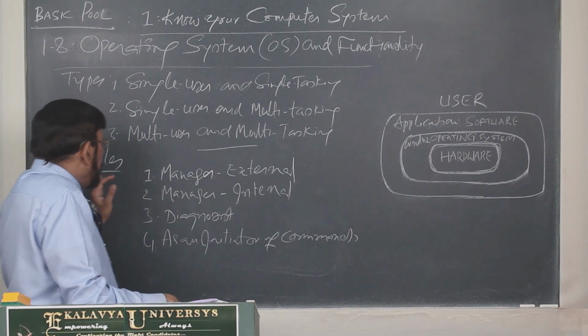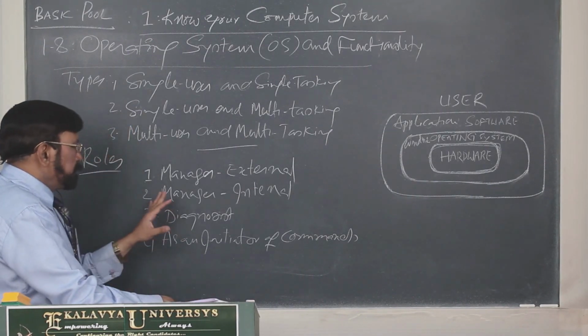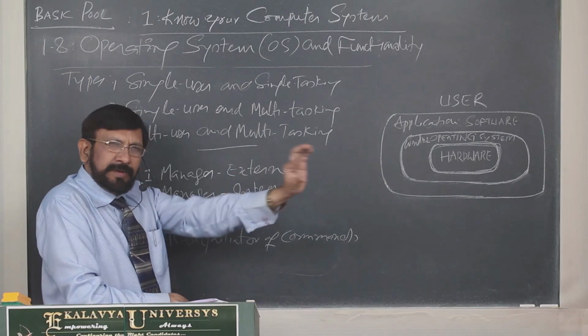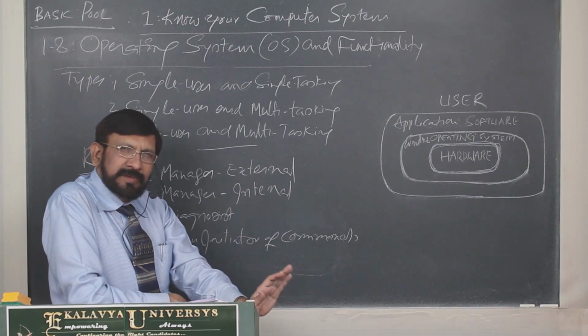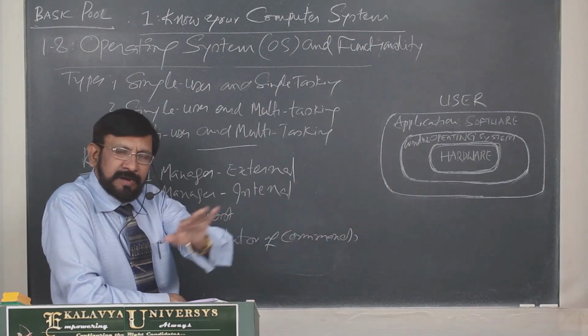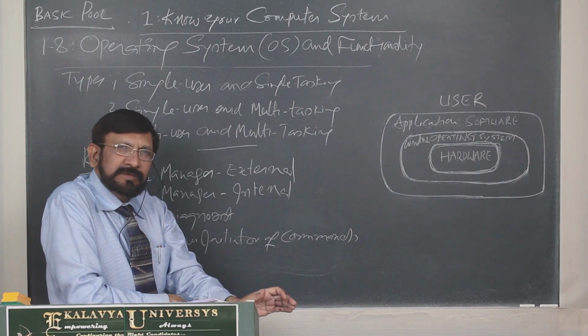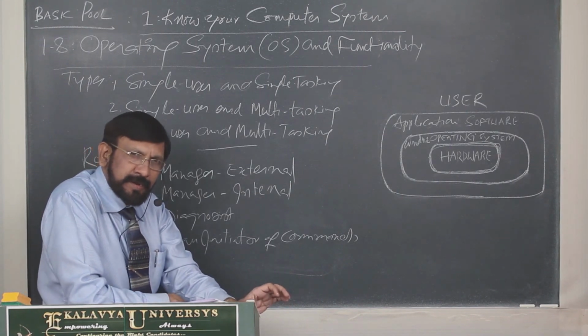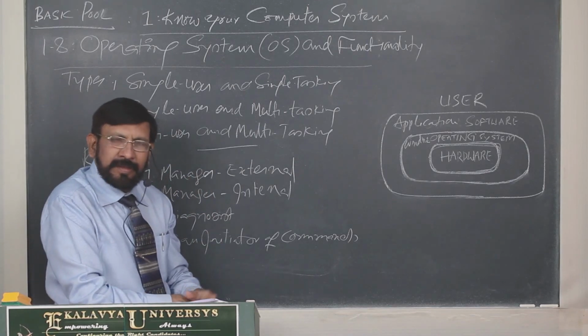Thereafter, we have to understand the roles it plays. Simply, it is a manager. Without a manager, nothing is done in either an office or a computer in an efficient or systematic manner. So here the first role is manager external.